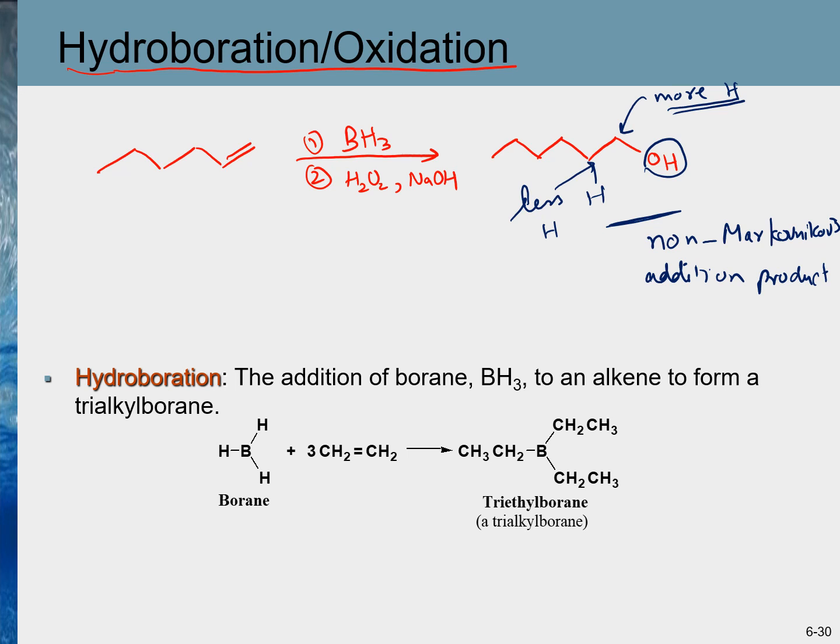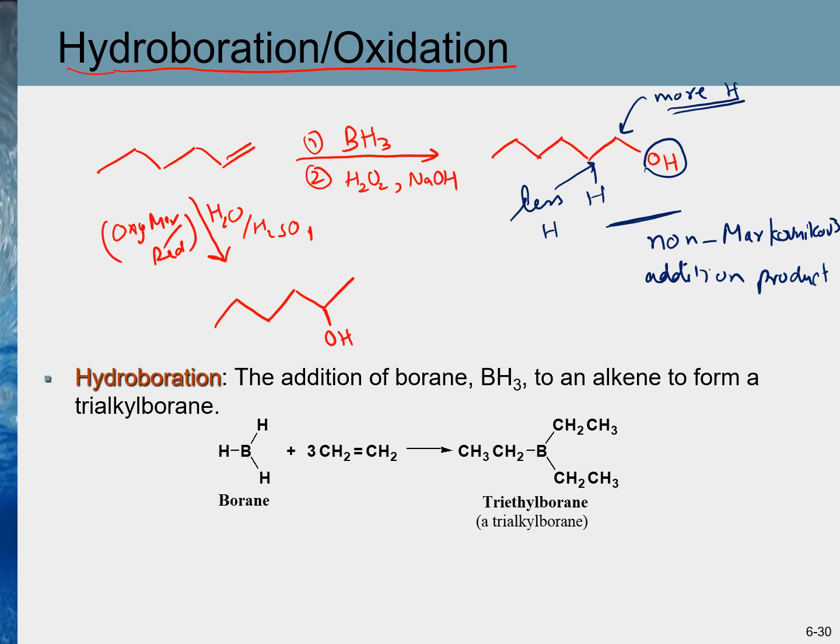Just to give you an example, so that we can compare, if we start with the same alkene and we use either water in presence of sulfuric acid, or we use oxymercuration reduction reaction, either one of those, the resulting product will be an alcohol where OH group is at second carbon.